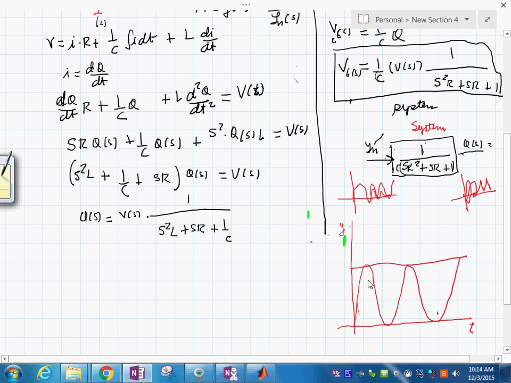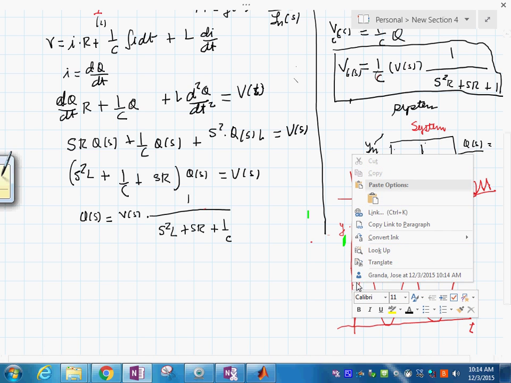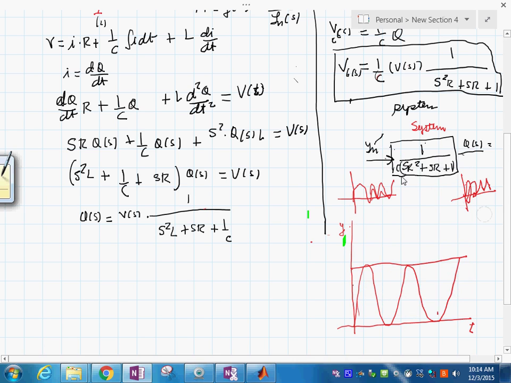What I'm trying to show you is that if this is the input, the output may not necessarily be in phase. Maybe the output is out of phase a little. So the response may not be exactly like it.